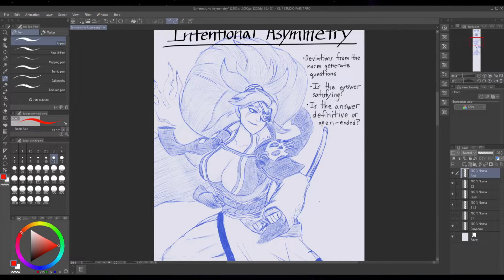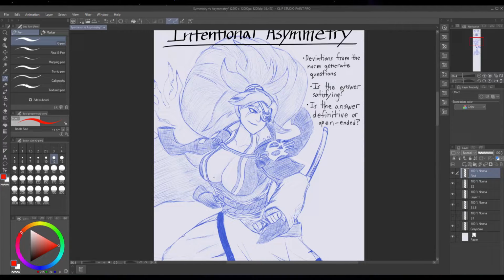I'm just going to go with Baiken because that's easier to pronounce. I hope I'm pronouncing that right. The reason I bring this character up is she has a pretty good example of asymmetry, and other characters use it too, which is why I wanted to showcase her.